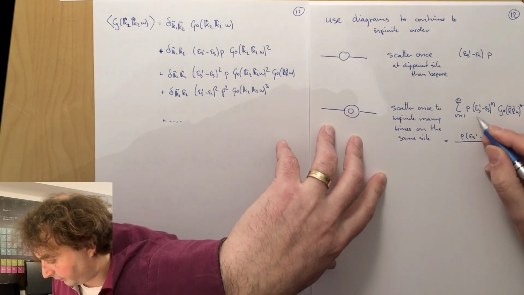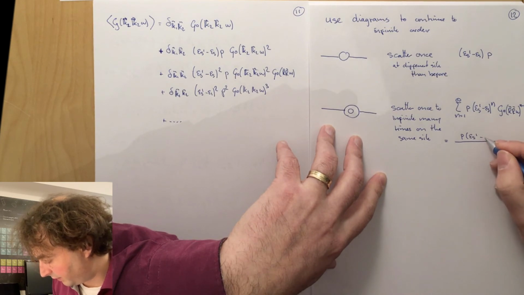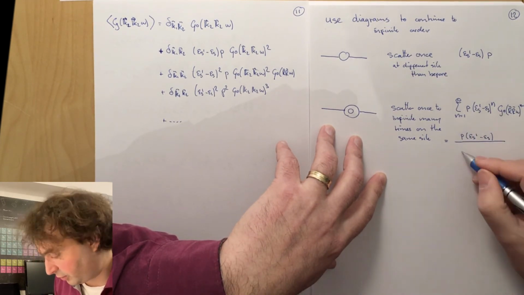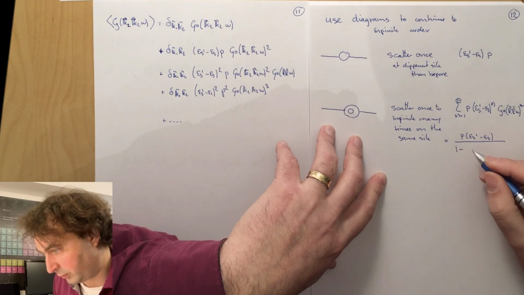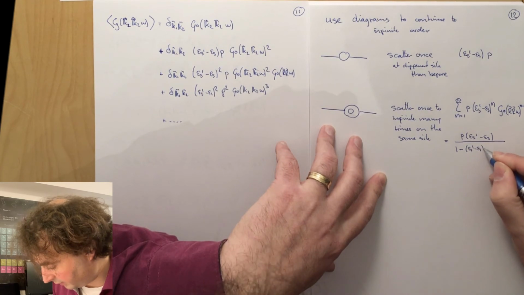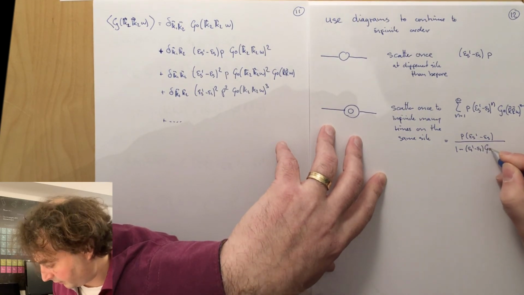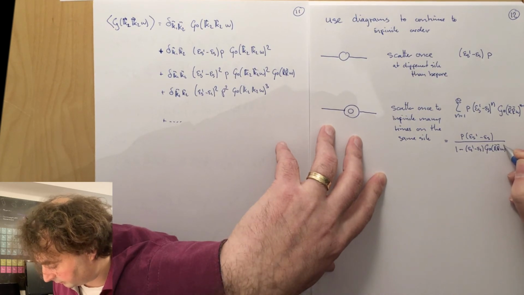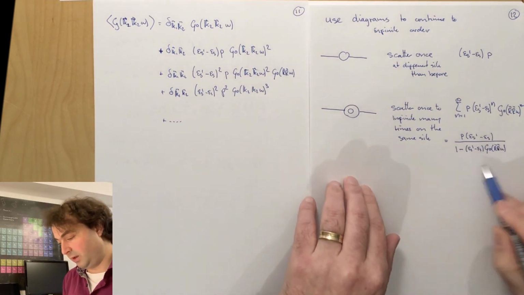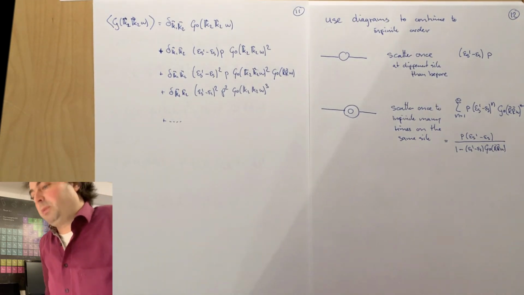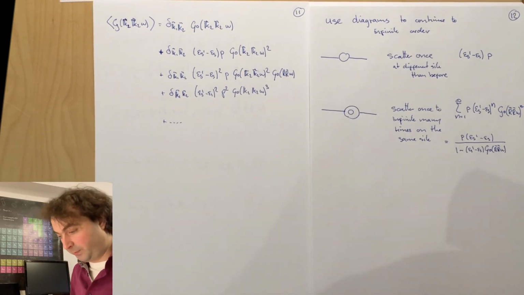And we have 1 over p times epsilon s prime minus epsilon s times the Green's function G0 R omega over 1 minus epsilon s prime minus epsilon s G0 R omega. So that's the contribution that we get from scattering once to infinitely many times on the same site.